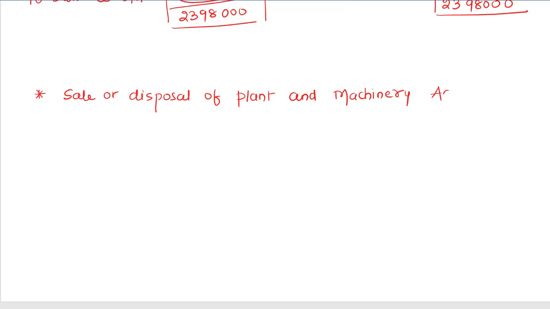Let us continue and make sale or disposal of plant and machinery account for 2015.